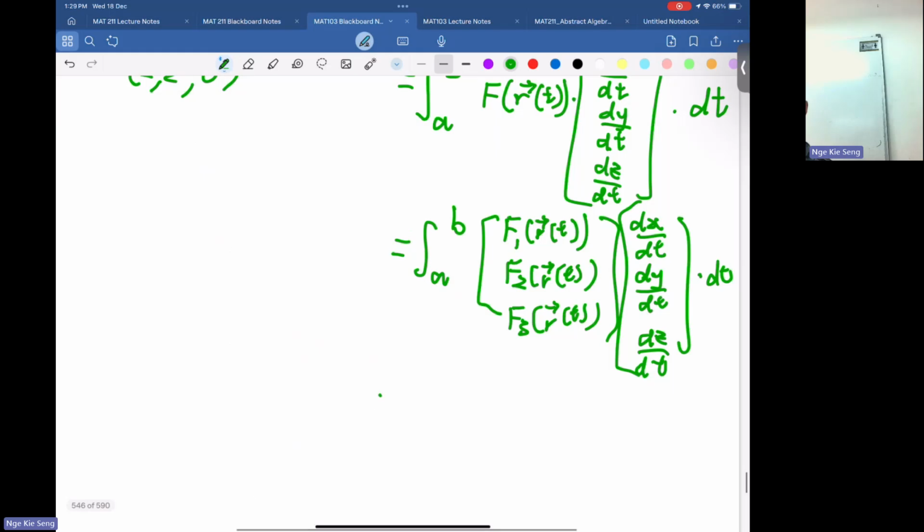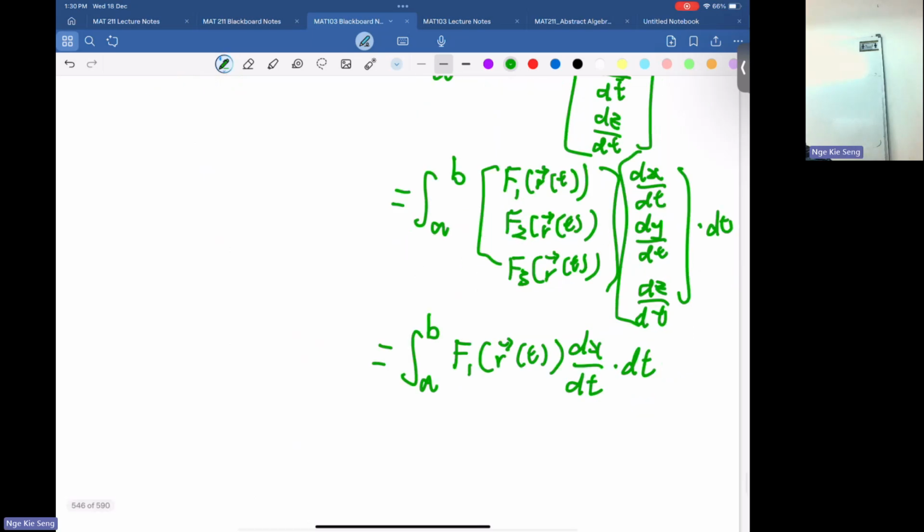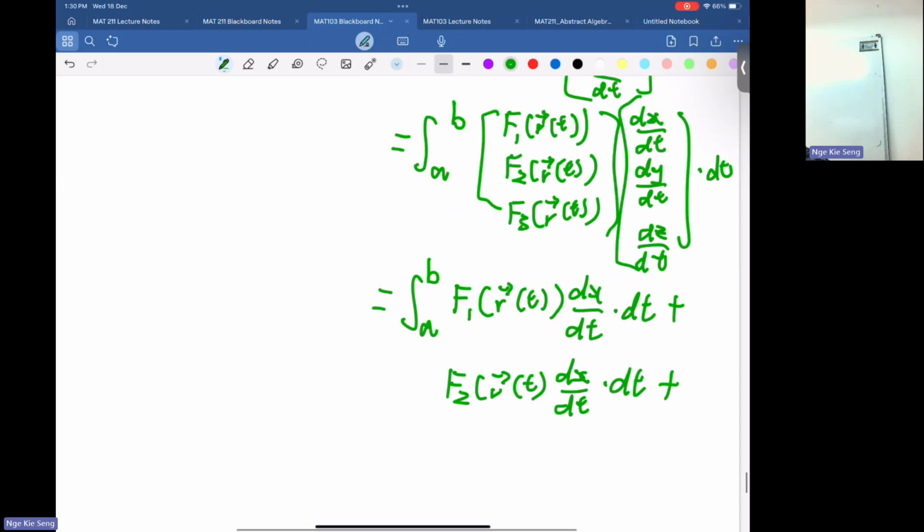Then if you compute the dot product, how many terms do you have? The summation of 3 terms, right? f1(r(t)) dx/dt, plus f2(r(t)) dy/dt, plus f3(r(t)) dz/dt.